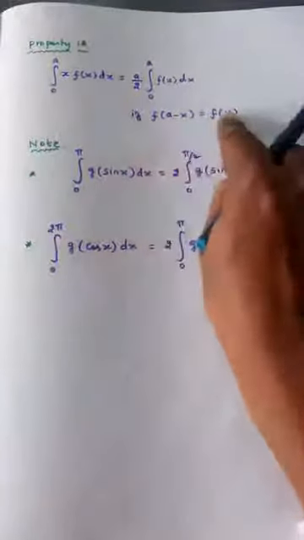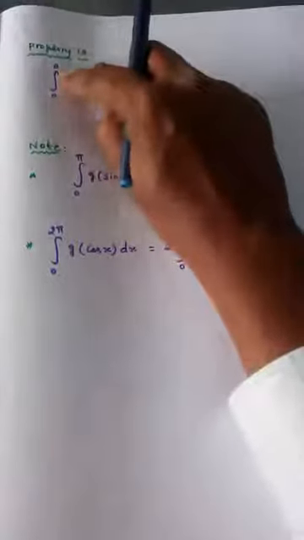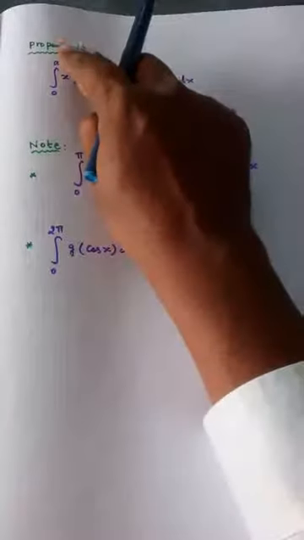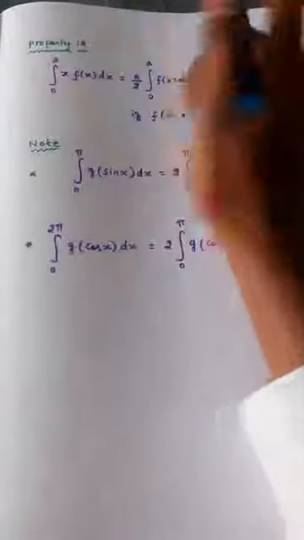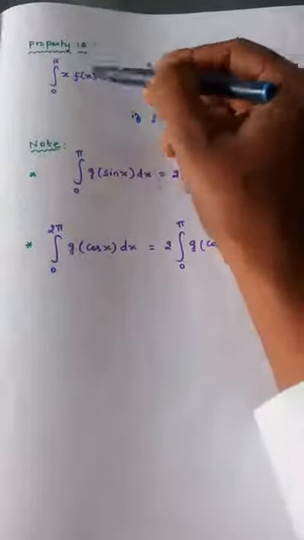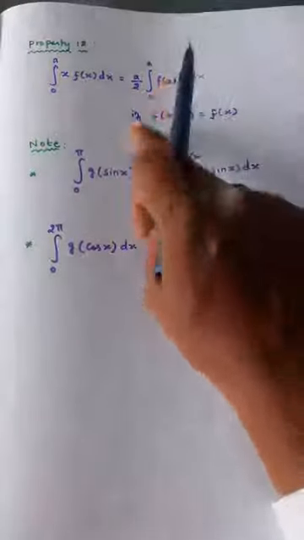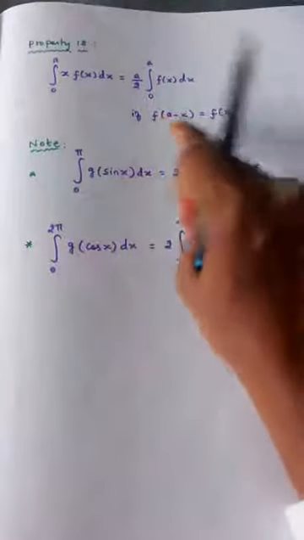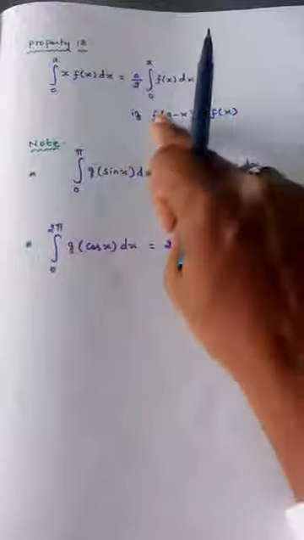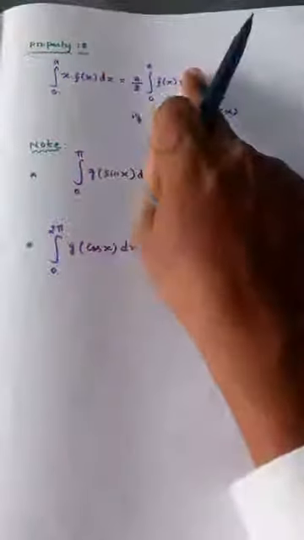If these two are equal, then in this type of integration we can remove x, no x present here, just f of x dx, but in front I have to write a by 2. a is nothing but the upper limit. So, a by 2, 0 to a, only f of x dx. So, this x can be omitted if f of a minus x and f of x are equal. Only if this is in our hand, we can take this result.